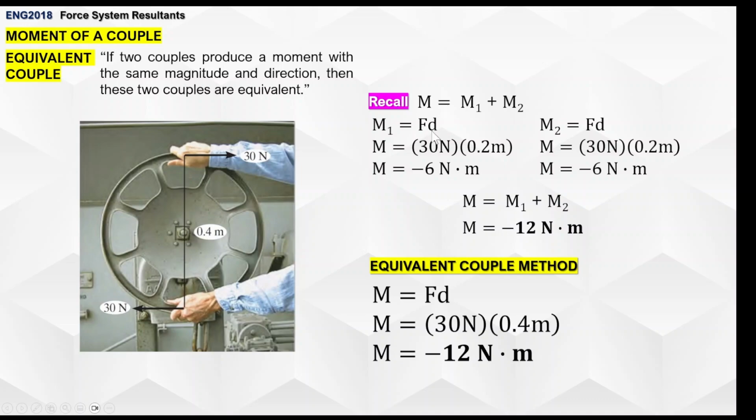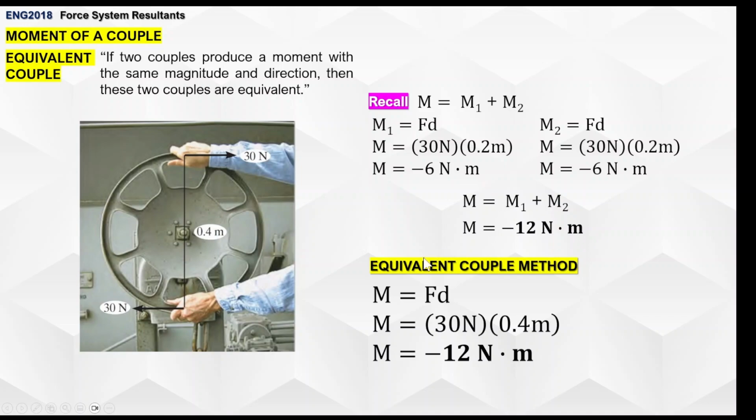Okay, so that's gonna be force times perpendicular distance, 30 times 0.2. So in this case, yung force 1 dito, that's clockwise. So negative, para silang negative after. Nakalimutan ko ilagay. So negative 6 Newton meter. Ganun rin. So clockwise to, negative 6 Newton meter. And you combine the moments together, M1 plus M2, you would have negative 12 Newton meter.